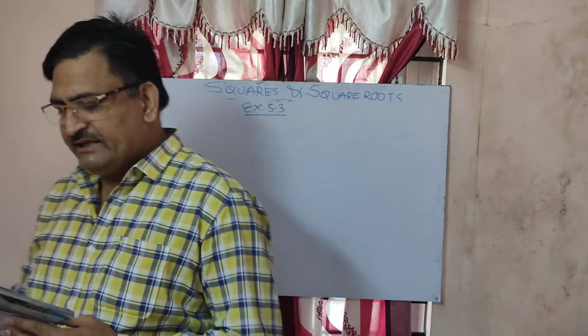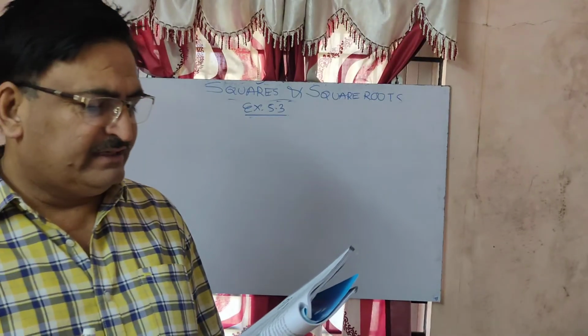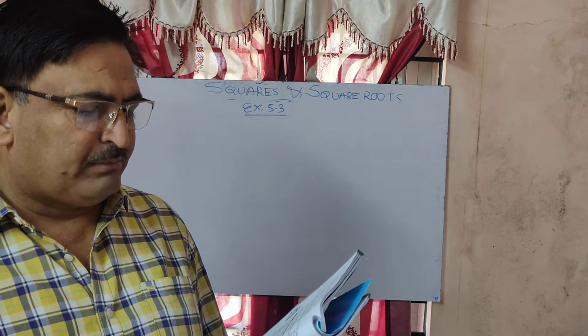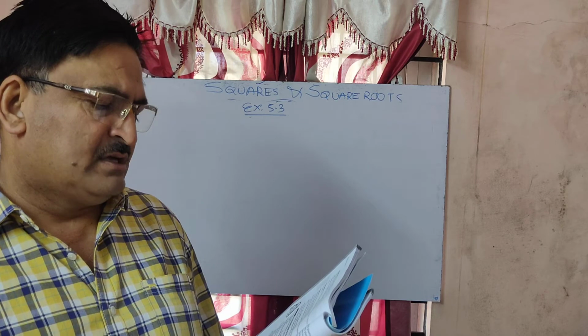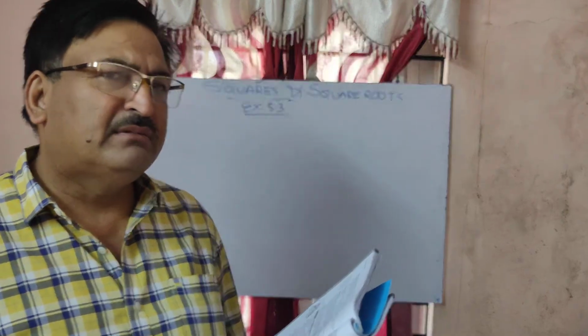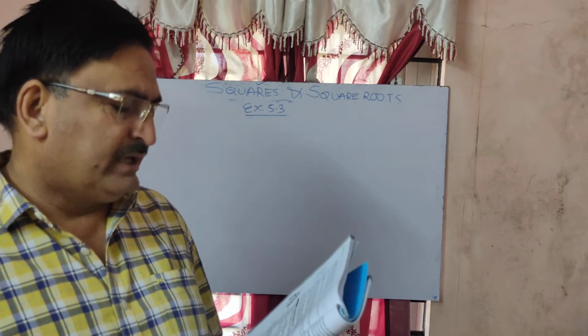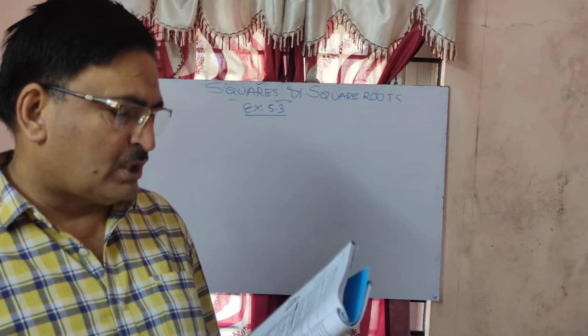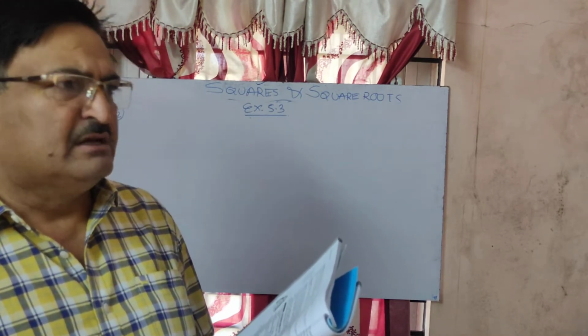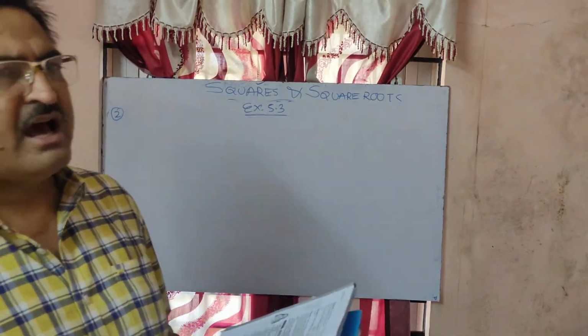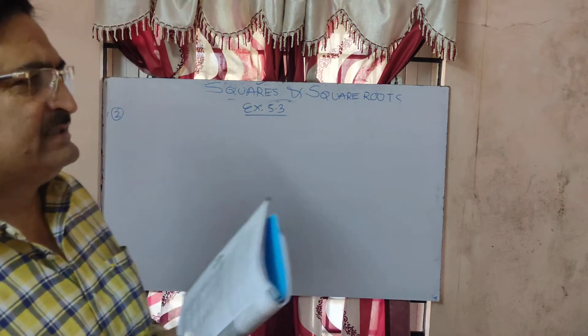Without doing any calculation, find the numbers which are surely not perfect squares. By looking at the numbers, without doing any calculation, find the numbers which are surely not perfect squares. It means you have to find out, from the given numbers, which numbers are not perfect squares.